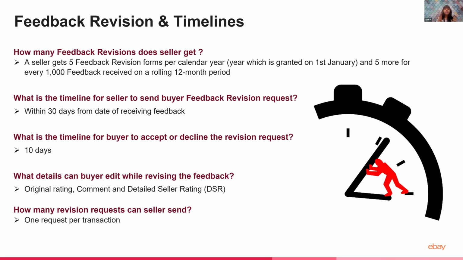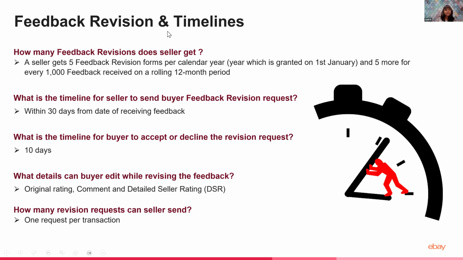First and foremost, a seller is the only one who can ask a buyer to revise the feedback. Second, feedback revision can only happen for a negative or a neutral feedback. Third, it is only the buyer who can make these revisions. So once a request is made and the buyer fails to take action, the request is not going to be considered, and it is going to reduce the number of requests that you have in your account.